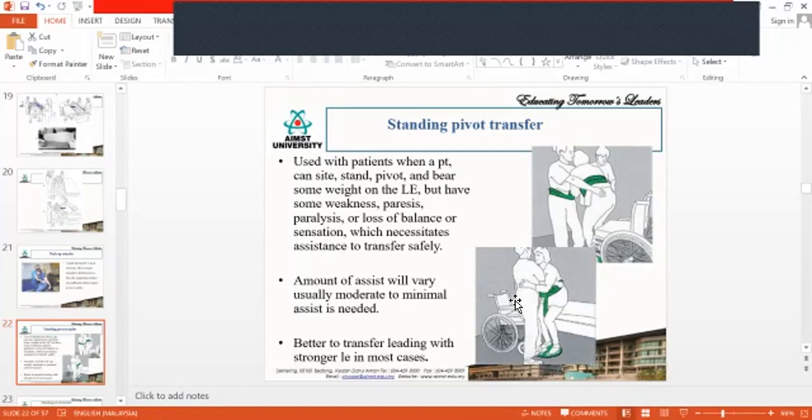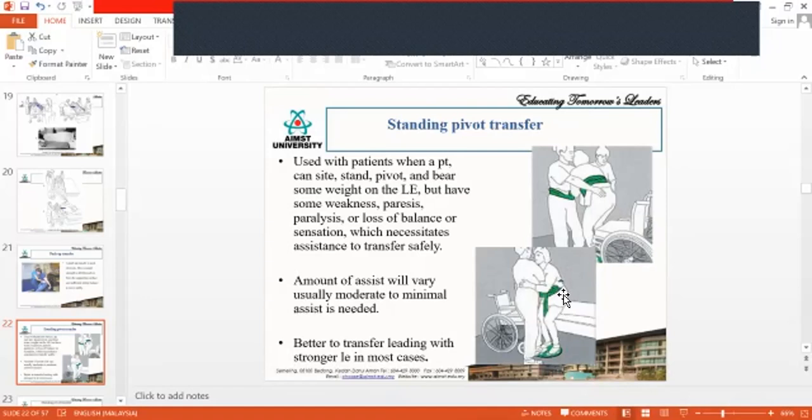So here you don't need to bear much of the patient's body weight on you, and the patient also need not put the full body weight on the lower limb. Okay, so the patient has to just put the leg on the pivot.